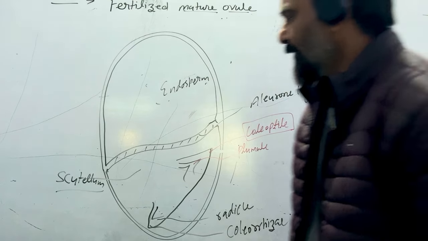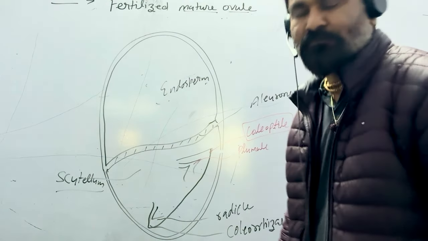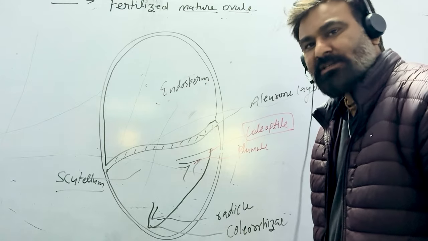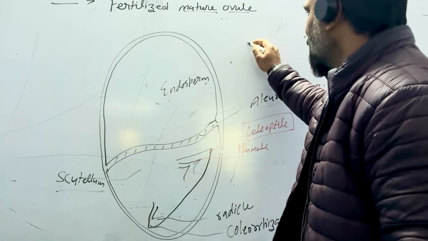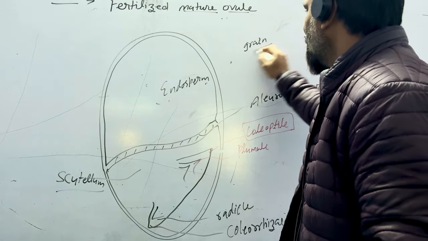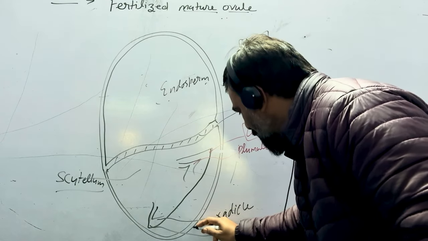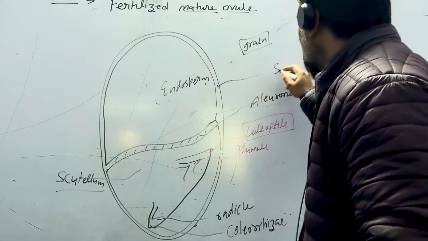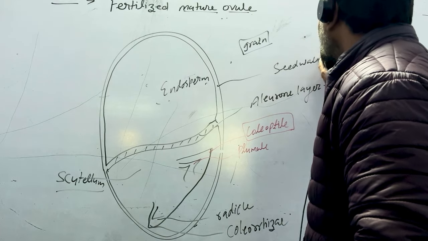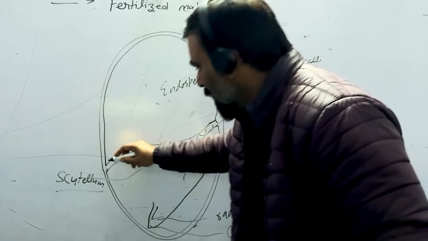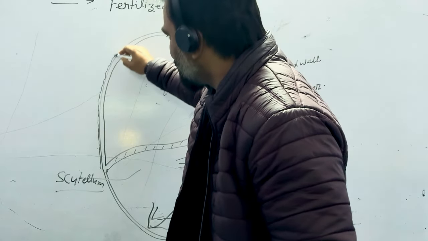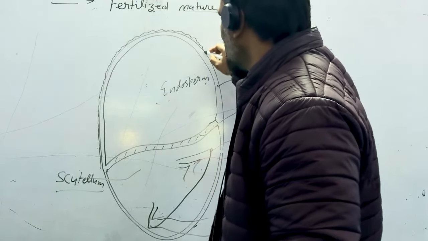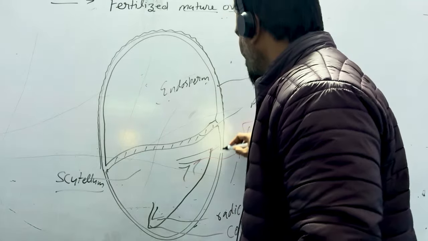One more thing: the seeds of monocot grasses are known as grains because this is the seed wall, and it is fused with the fruit wall.